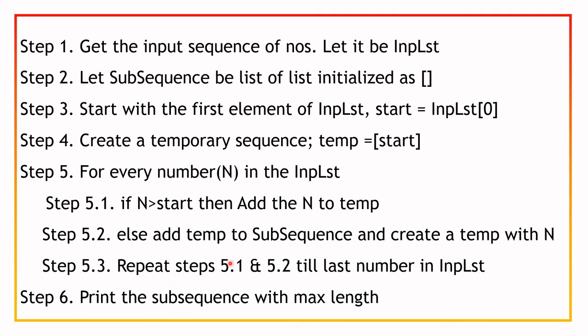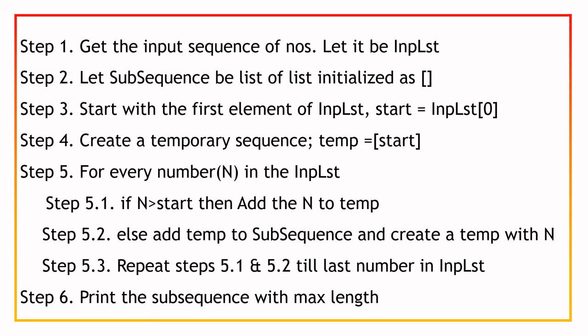So I'll have to repeat these steps until I finish off all the numbers in the sequence. Then what I do is I pick up the list of subsequences. From that, I'll have to pick up the maximum length sequence and just print it.